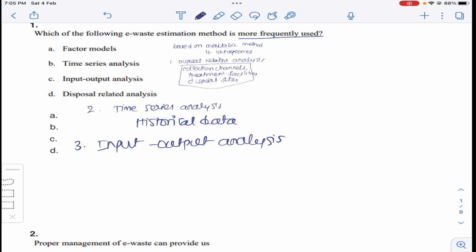In input output analysis, it is one of the most frequently used methods in multiple modal variations.